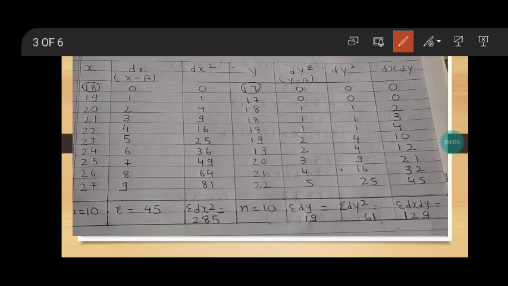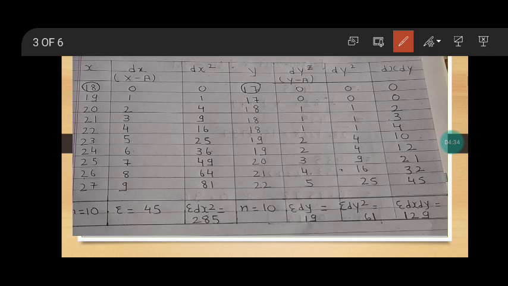First of all, we will see which data has been given to us in the problem: items in the X series and items in the Y series. In X we write all the items given in the X series. Here we have written 18, 19, 20, 21, 22, 23, 24, 25, 26, 27.